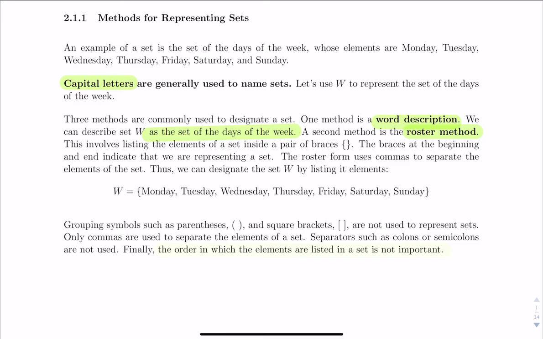We do not use grouping symbols like parentheses or square brackets to represent sets, and we only use commas to separate the elements of a set. The order in which the elements are listed in a set is not important. So as long as it's listed once in there, then you're good to go.